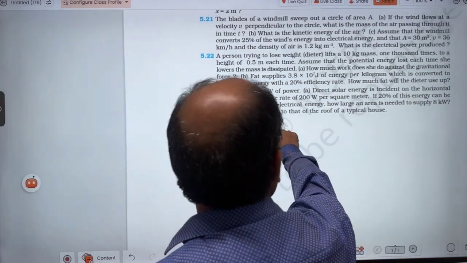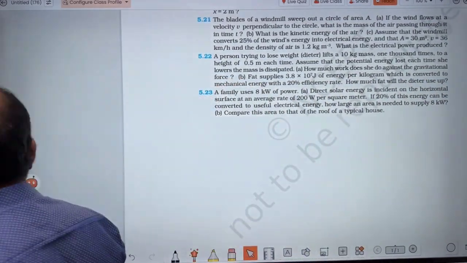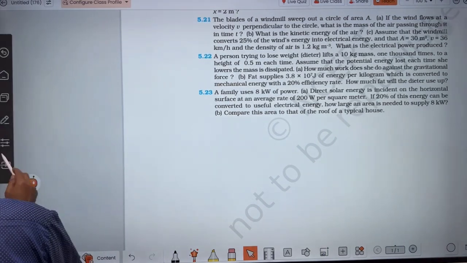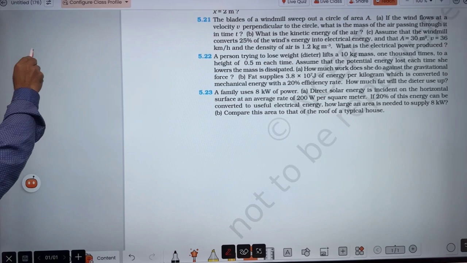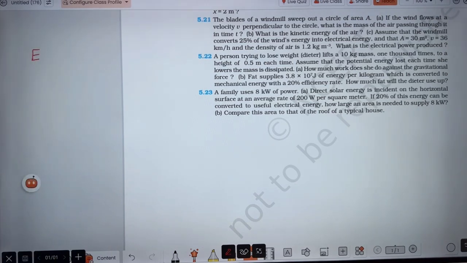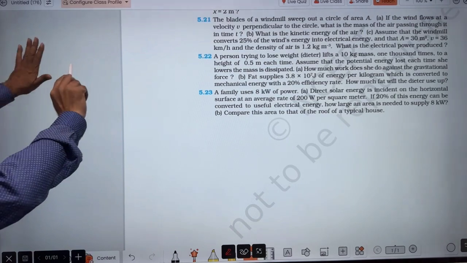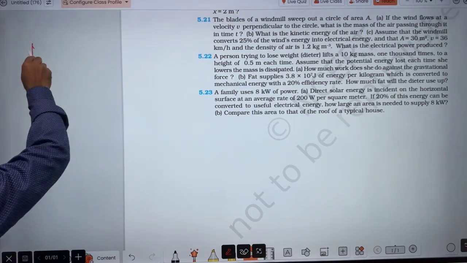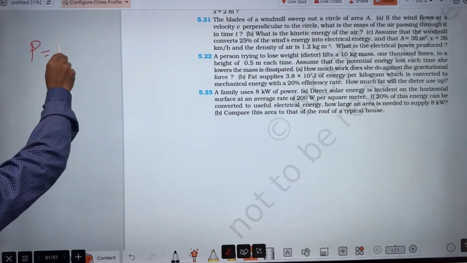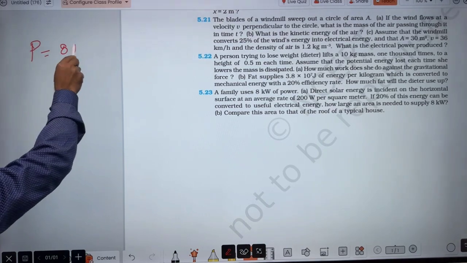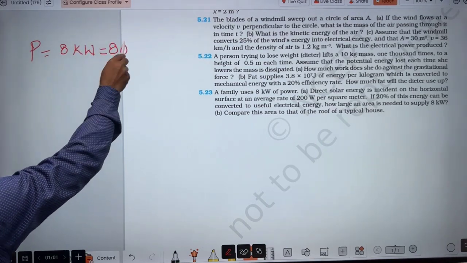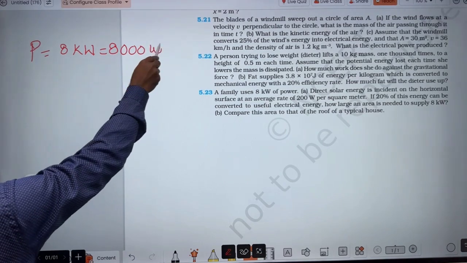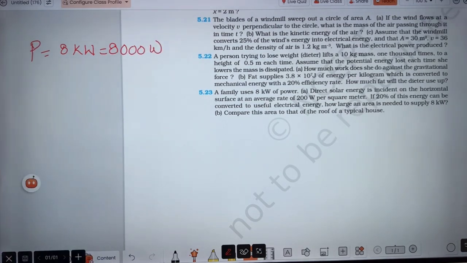So here energy need is how much? Energy need, you can say, is power. So let's write it. Say P needed is 8 kilowatt. Kilowatt means 8,000 watt, right?